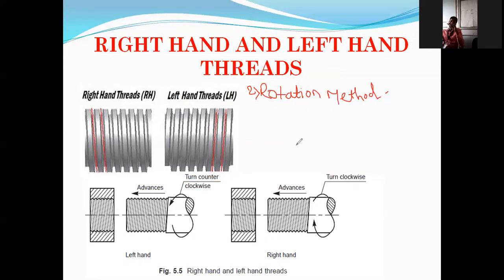Now once you are going to rotate nut or bolt in clockwise direction, suppose you have rotated in clockwise direction and advance is happening. Advance means what I have told yesterday, meaning forward. Going forward. So if it advances, suppose you have rotated the bolt in clockwise direction, it advances.